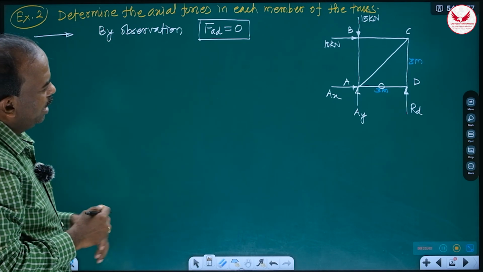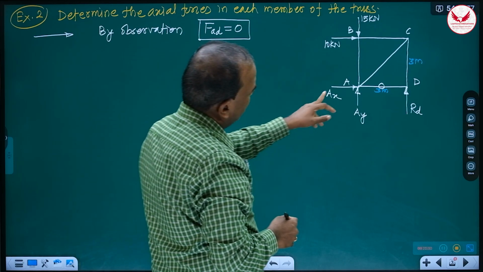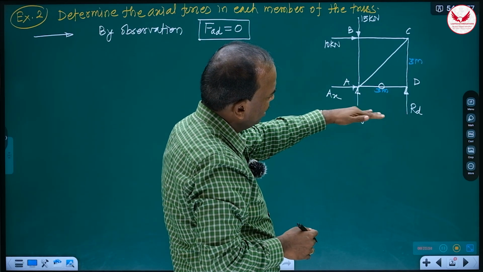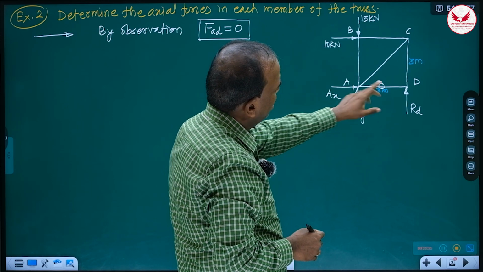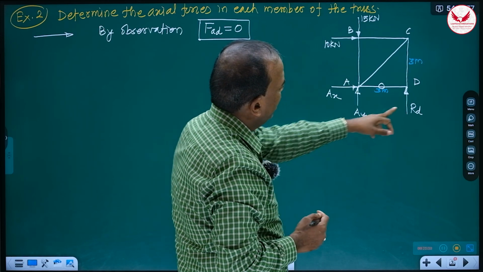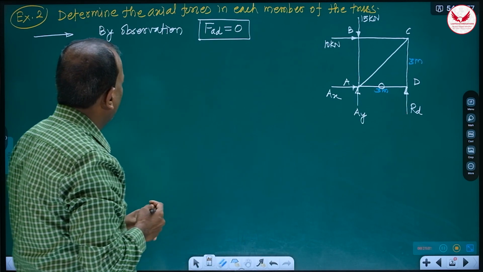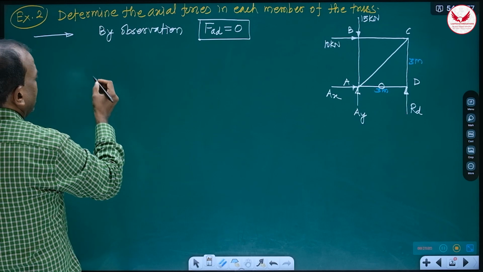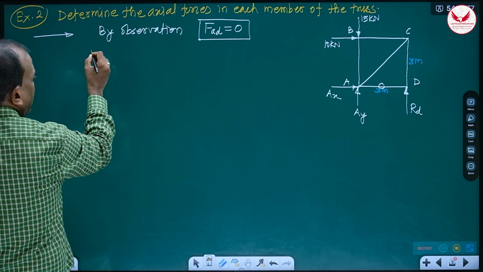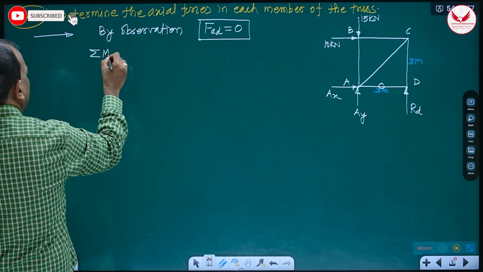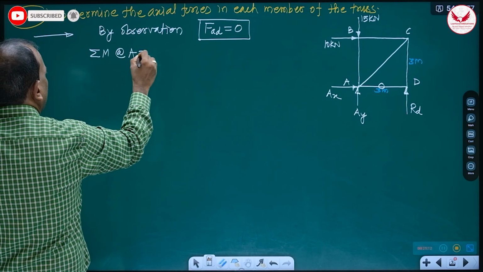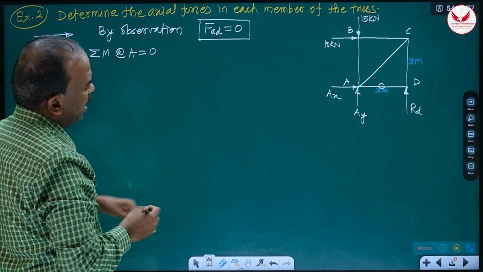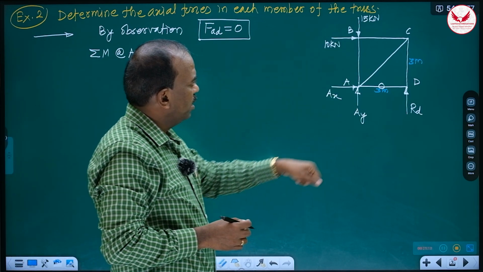Then after that, what is our normal method? If such type of truss is there, simply supported type truss, then at least 1 reaction we have to get, and we can get RD. How we can get? So for the whole truss, use summation M about A is equal to 0. And from this what we'll get? The moment of AX, AY is 0.